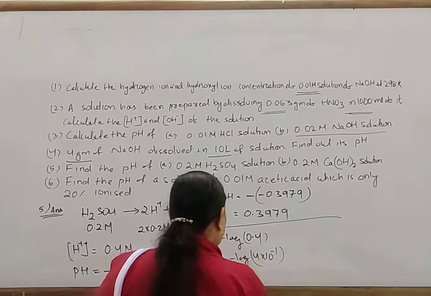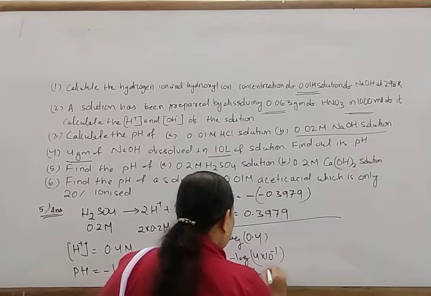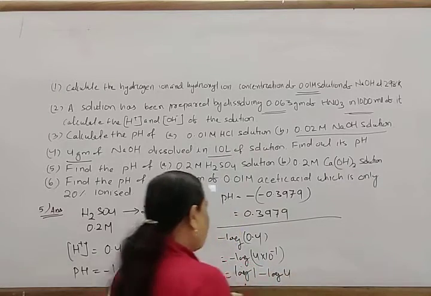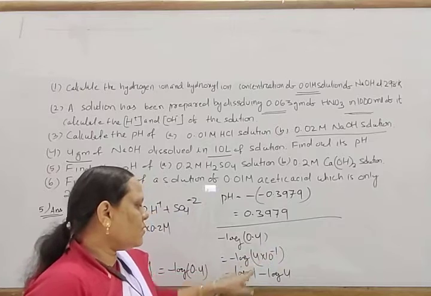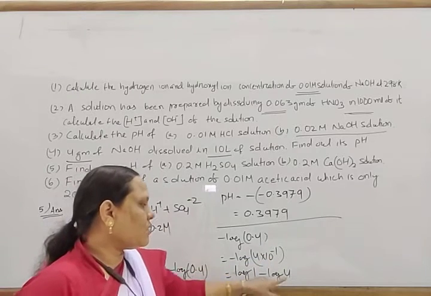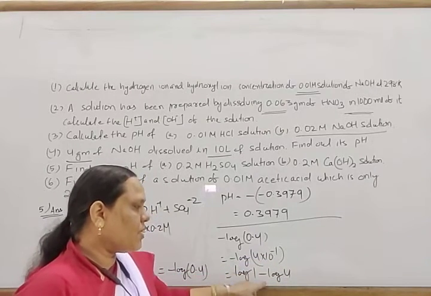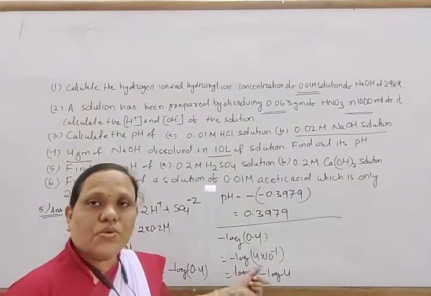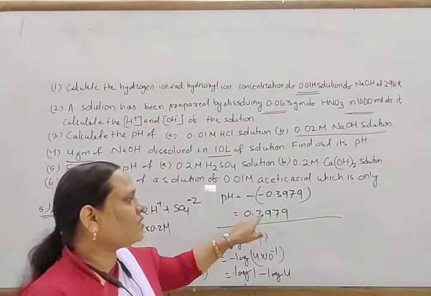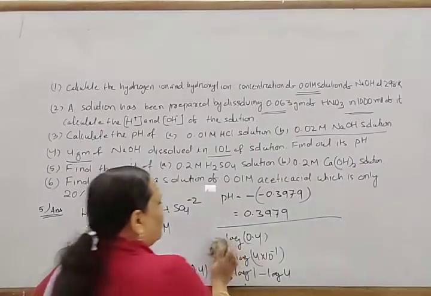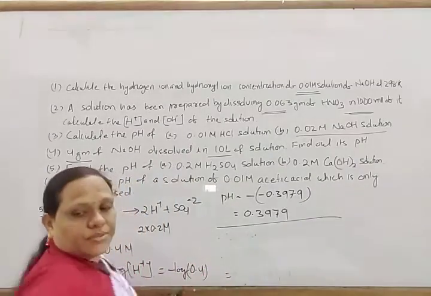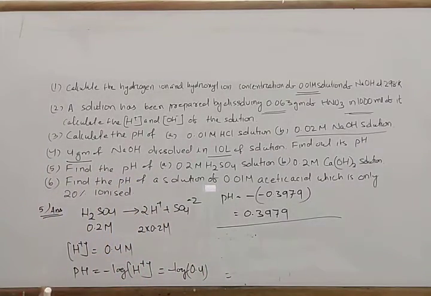That is minus log 4 minus log 10 to the power minus 1, which you can write as log 1 minus log 4. Log 1 is 0, and the result is 0.3979. Okay.